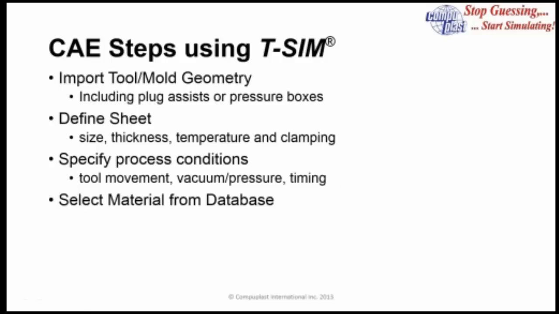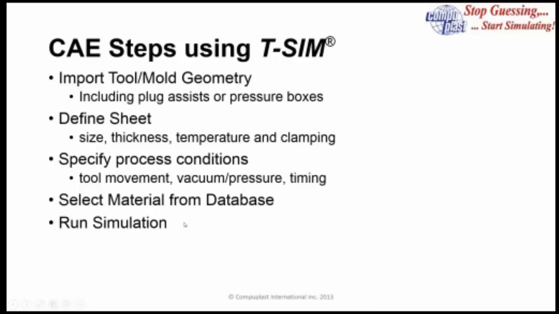TSIM comes with approximately 25 typical thermoforming materials, anywhere from ABS, polystyrene, HIPS, the acrylics, the basic materials that are commonly used. And then we also provide a means for customers to add their own materials, get the materials measured and add them to their database.